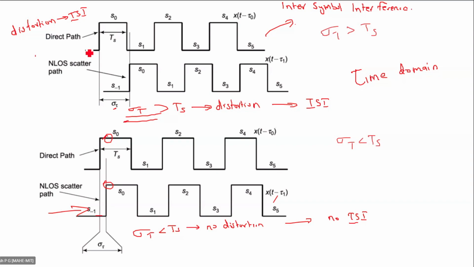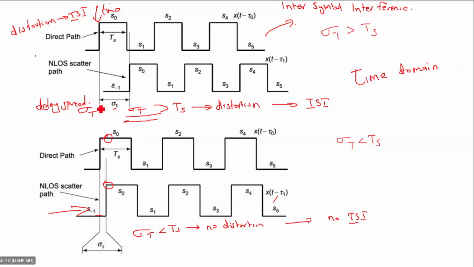So the first component is received in a diagram something like this. That is, it starts at this particular time. Okay, and then the NLOS scattering path begins after sigma t, that is delay spread. This is nothing but delay spread.